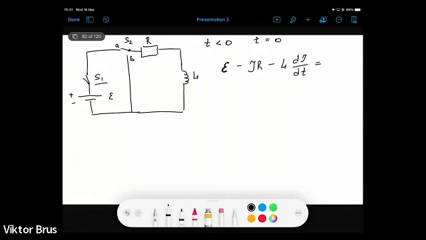That expression should be equal to 0 according to Kirchhoff's loop rule.